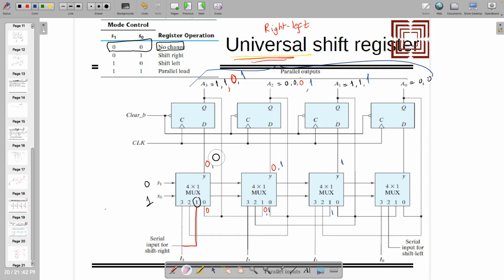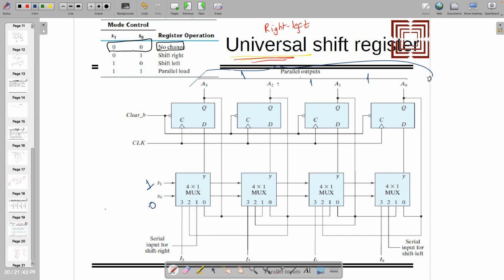Now let's look at the other condition and let's keep the last data, whatever we assume. Okay. So let's assume that right now 1110 is the data available in A3, A2, A1, A0, and now I'm changing this to 10, right?